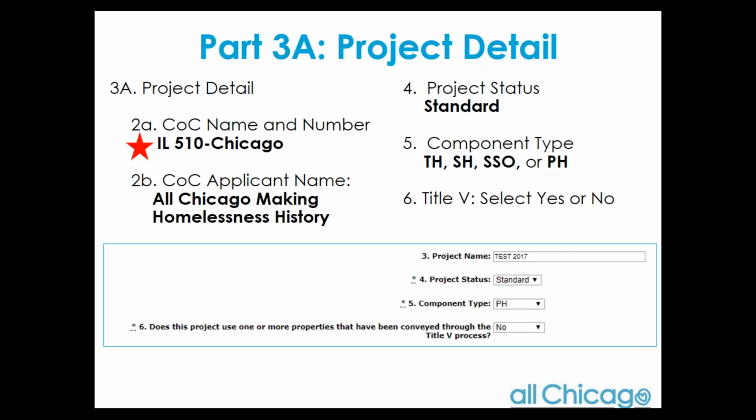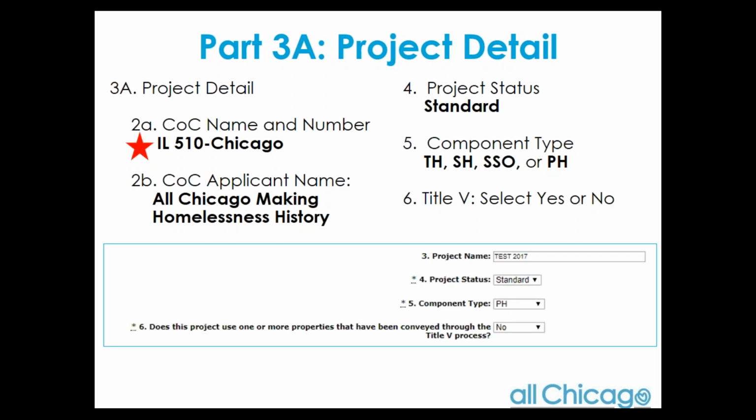All our projects will be selecting standard, and then you will be asked to select your component type. Please make sure that you select the correct component type because this is linked up with the rest of the application, and specific questions will not be made available to you if you do not select the correct component type.